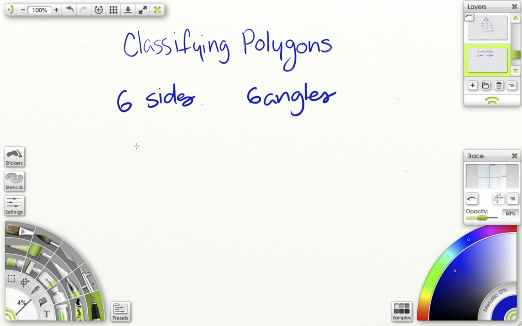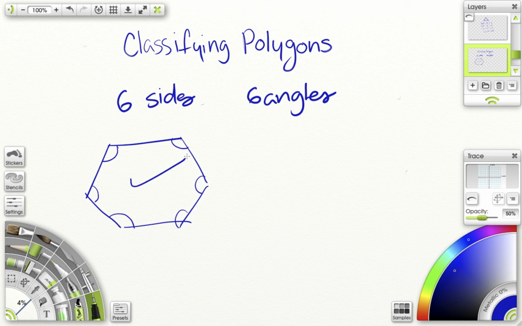So immediately when you think of a 6-sided shape, you think of a hexagon. So let's try that one. 1, 2, 3, 4, 5, 6. Is there the same amount of sides and angles? Yes, so this shape works. So we have a hexagon.